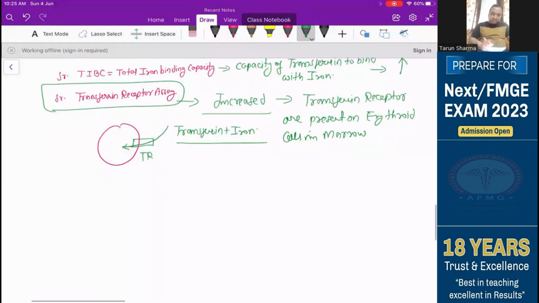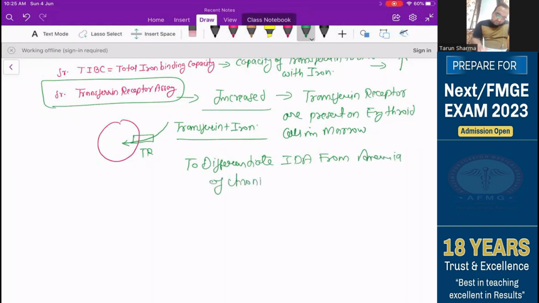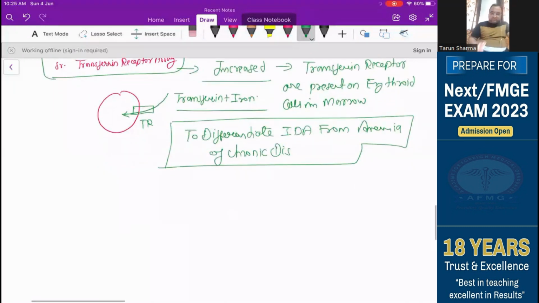So remember why it is important, when we are having the serum ferritin levels, TIBC and all the things, to measure this. Because remember, if you have to differentiate IDA from anemia of chronic disease, this is a very good parameter.